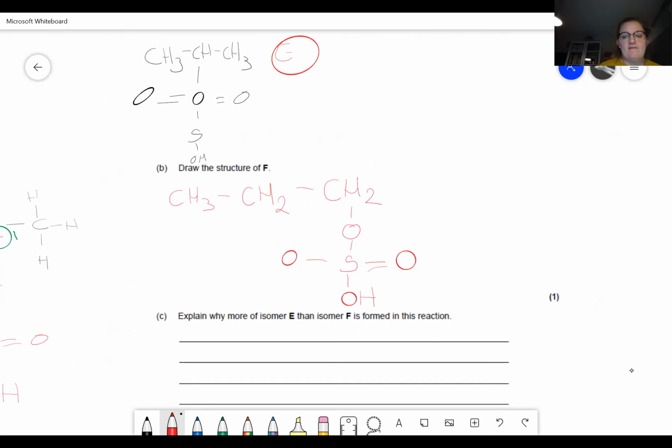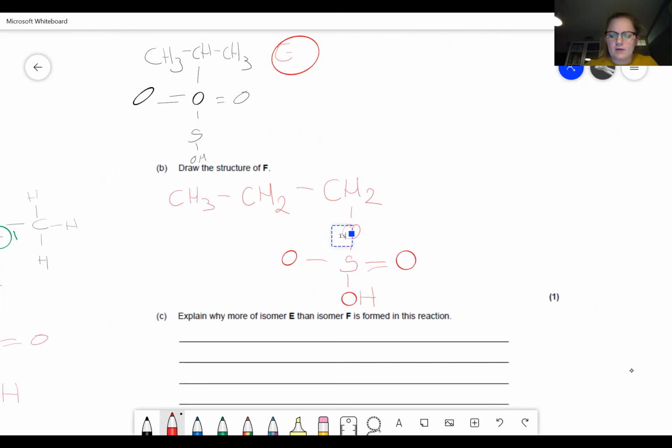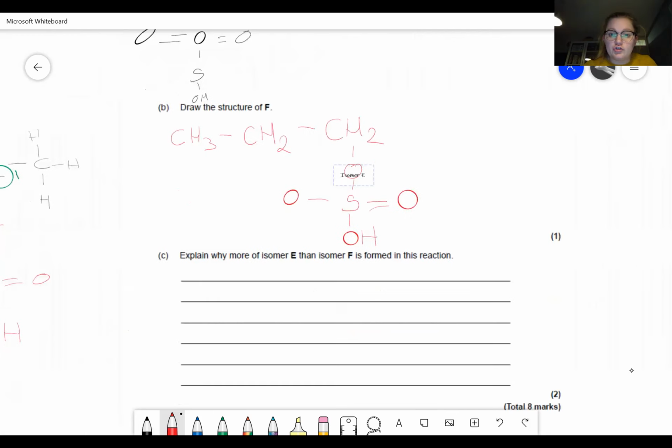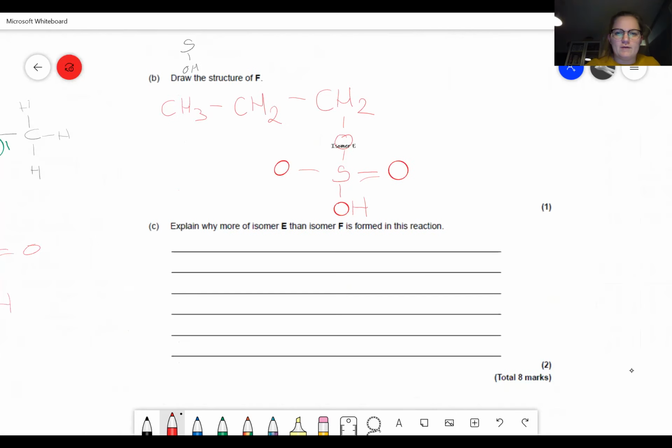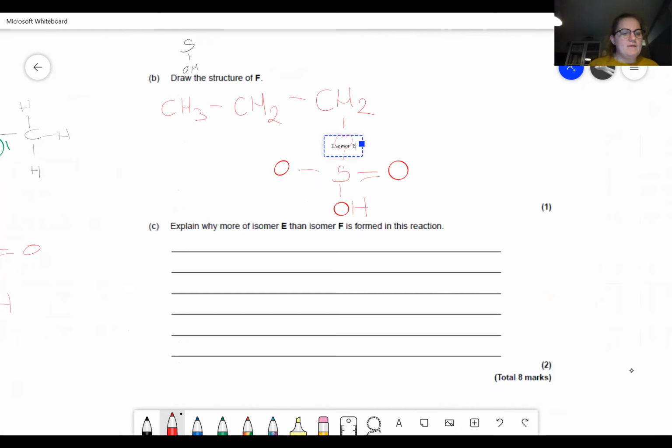So the first thing that you're going to get a mark for saying straight away is isomer E. It's 2 marks for this part, so yeah, I am right to do that. Let's move it down here so we can actually see it.